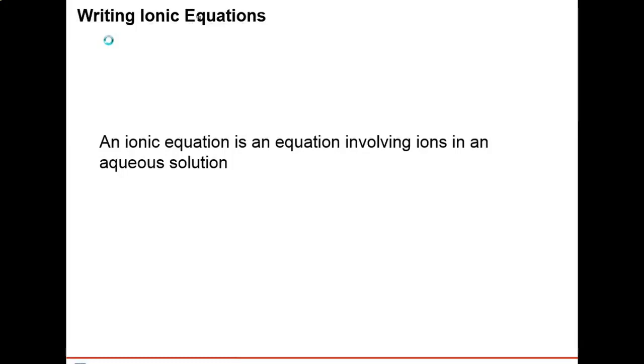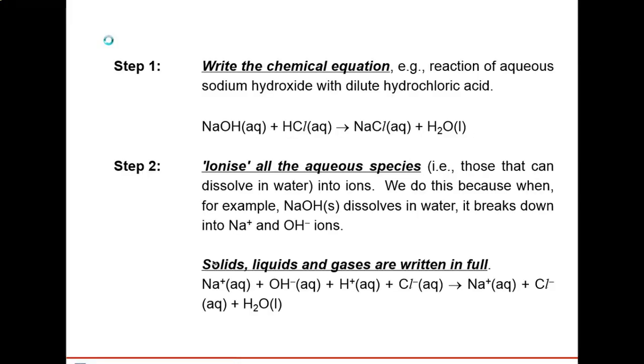Without knowing the main chemical equation, there's no way that you can write the ionic equation, because you need to know how to split the main equation first. But once you know that, the writing of ionic equations is actually very, very simple. So let me bring you through this in a very stepwise manner.